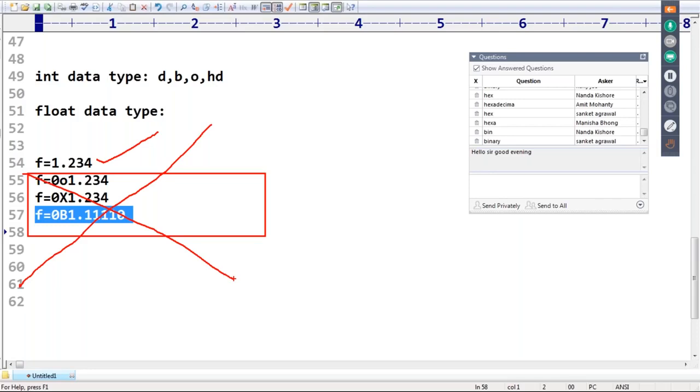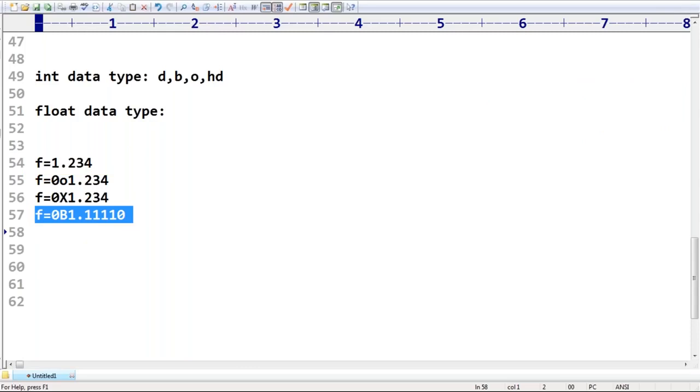The reason for that is floating point values you can represent only in decimal form. Octal, hexadecimal, binary, such terminology is not applicable. By mistake, if you try to specify, immediately you are going to get a syntax error saying invalid syntax. Clear? Only the first one is valid, sir.